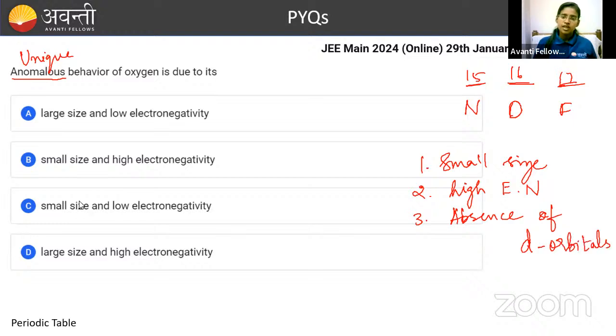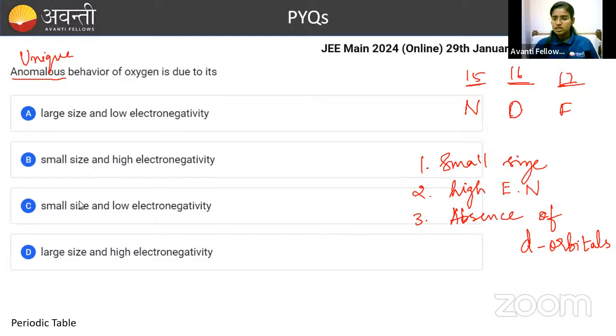The first member of each group won't have d orbitals, and their electronegativity value will be very high, because on moving down the group electronegativity decreases, as I told you in the previous question. So the first member will have the highest electronegativity value. All of them will have high electronegativity and small size. On moving down the group, size increases, so the first member will have the least size. Got it?